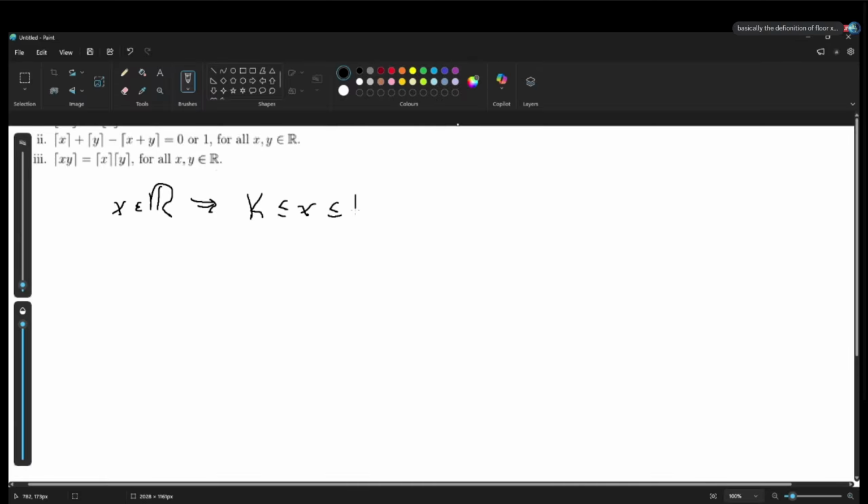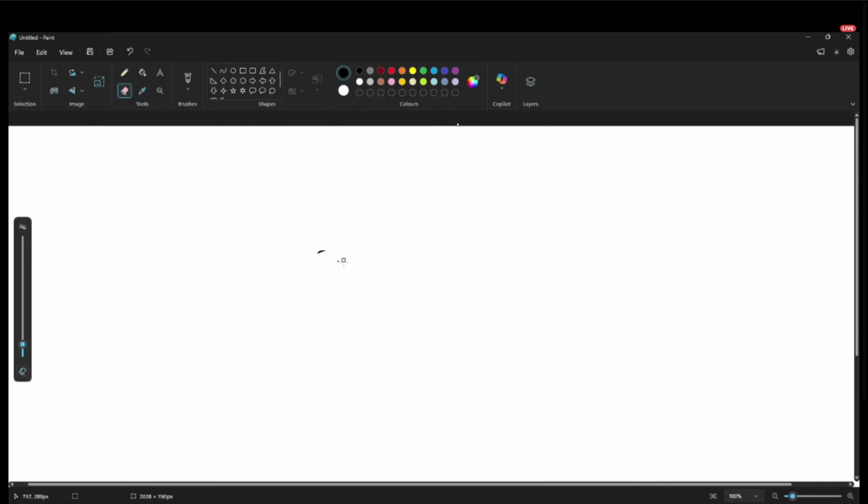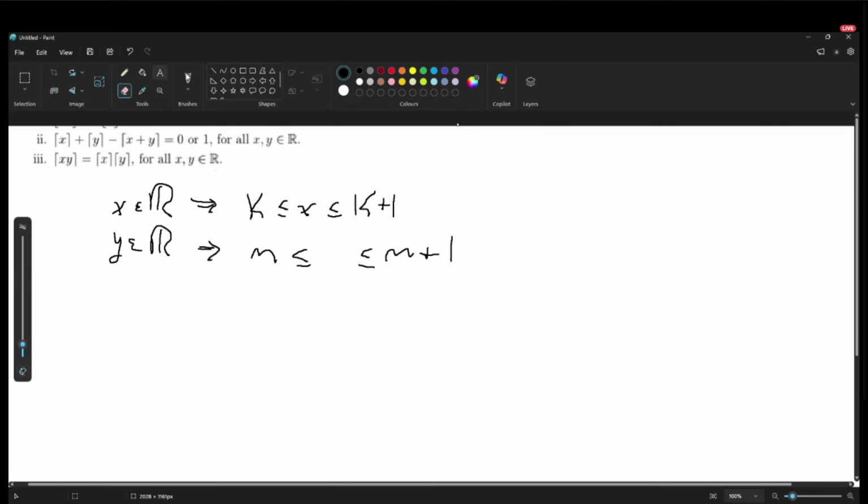And y is a real number, so it's in between some integer m and m plus 1. I wrote x here, it should be a y.